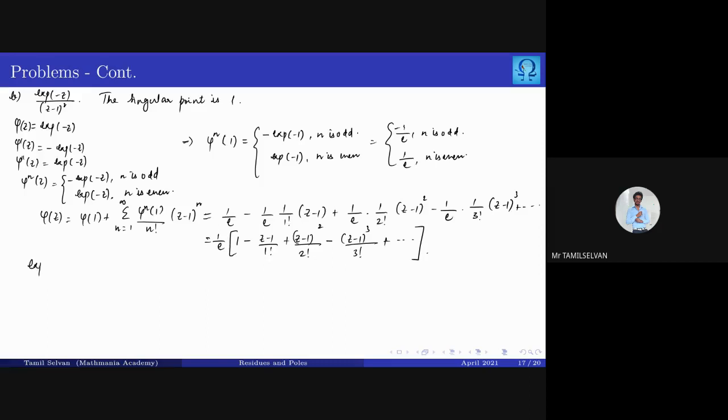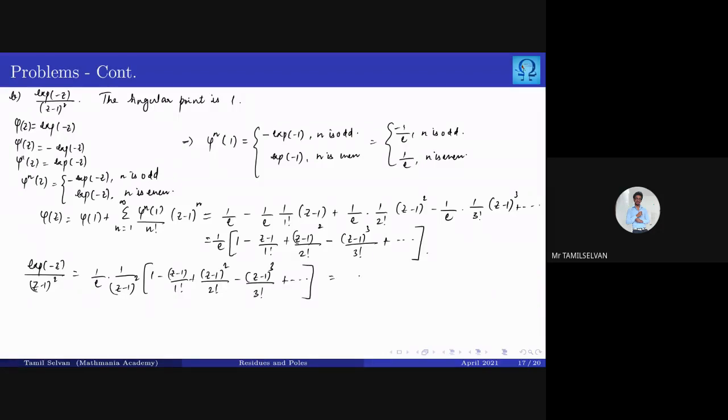Now let us calculate what it is. It is 1 upon e multiplied with 1 upon z minus 1 squared multiplied with 1 minus z minus 1 upon 1 factorial plus z minus 1 squared upon 2 factorial minus z minus 1 cube upon 3 factorial, plus it goes this way.